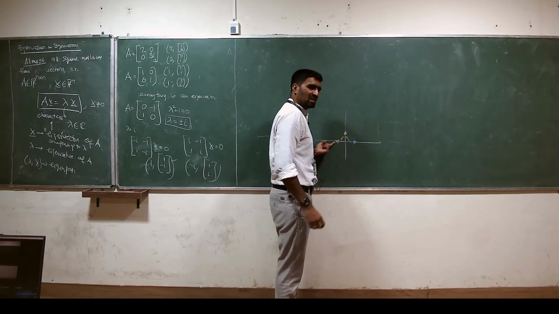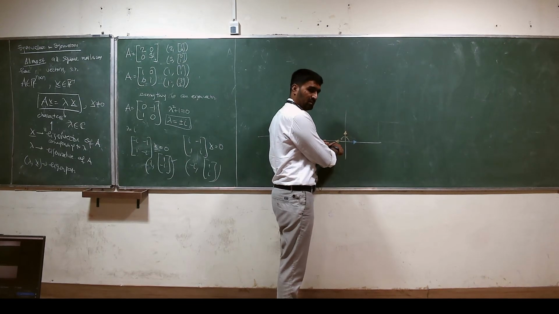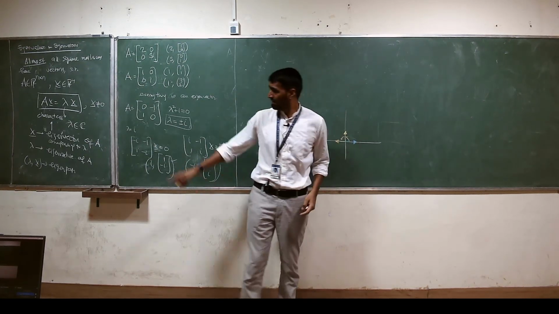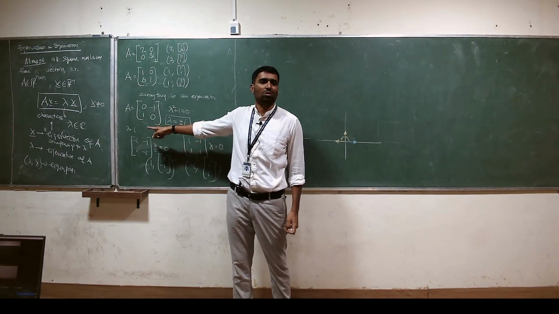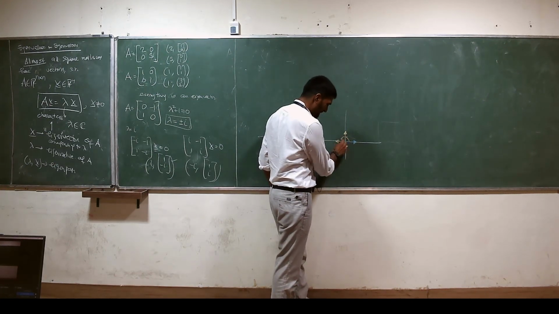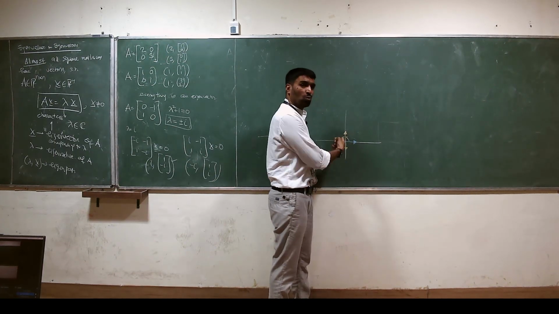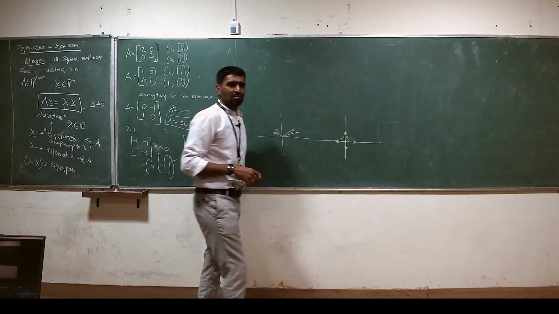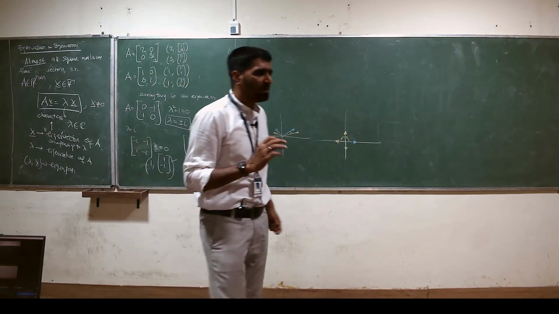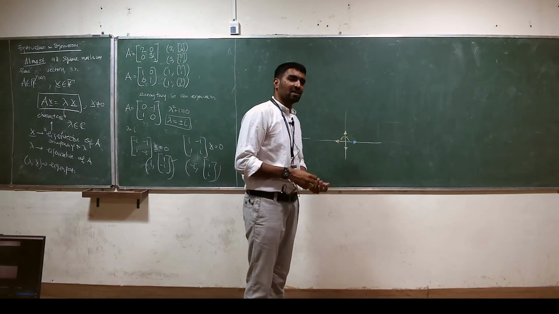What happens to minus E1? One zero, is it? If you multiply this by minus E1, you'll get this. If you take minus E2 and multiply, you'll get this. So what is this matrix doing? Yes. It rotates all vectors by 90 degrees.